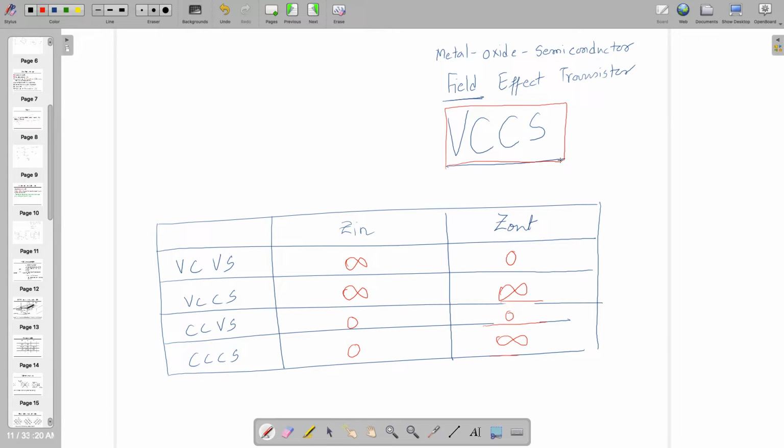If you apply some other quantity, it cannot drive, or you have to add one more stage, a voltage to current converter or current to voltage converter in between, or some buffer, so that it can drive. So the field effect transistor is the one which has the characteristic of a VCCS.